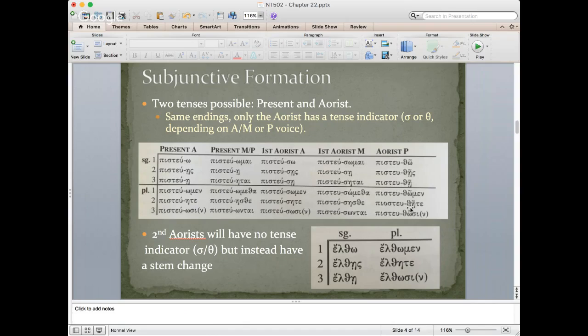All right. So second aorists are going to have no tense indicator, no sigma or theta, but they're going to have that stem change that we've come to expect. Ending-wise, it's going to look like the aorist type 1 endings with the lengthened vowel changes, but it's going to have the aorist stems, or the second aorist stem changes. Gotcha.